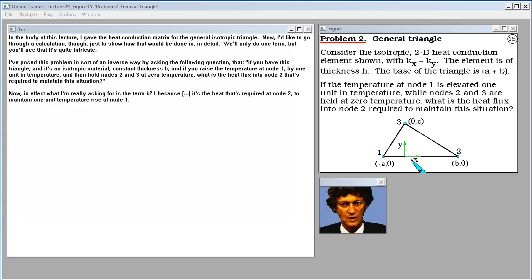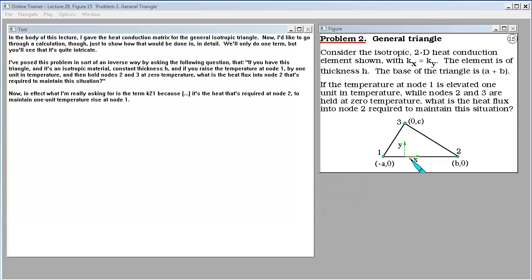In the body of this lecture, I gave the heat conduction matrix for the general isotropic triangle. Now I'd like to go through a calculation, just to show how that would be done in detail. We'll only do one term, but you'll see that it's quite intricate.